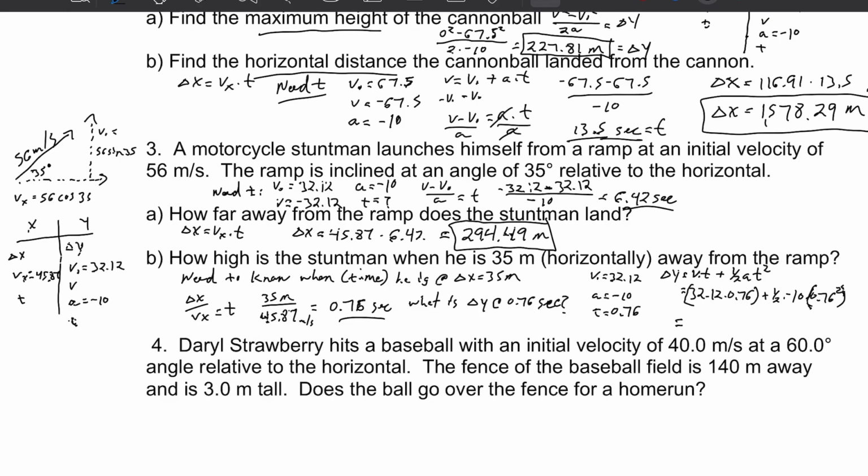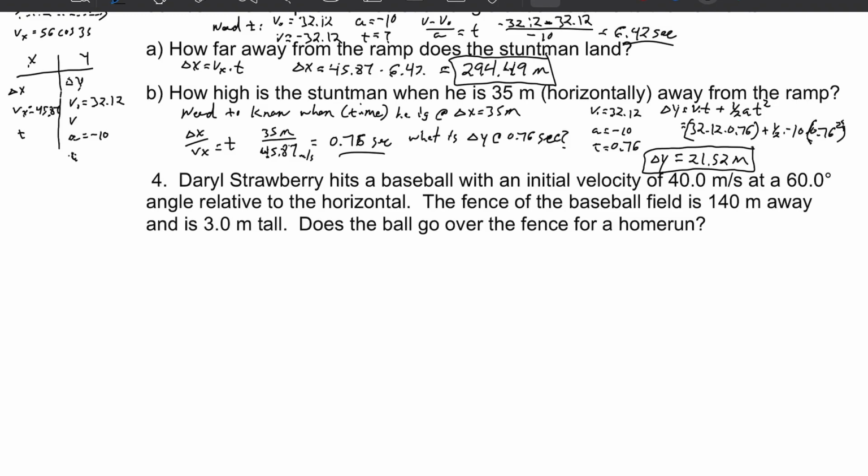So I'm going to take my 24.4112 and subtract 2.888. So my delta y, my change in vertical position for those first 0.76 seconds, is 21.52 meters. That's how high the stuntman has gone in that amount of time.